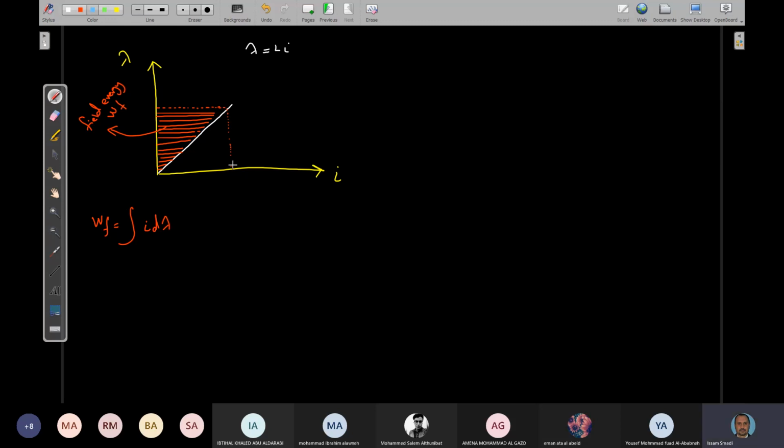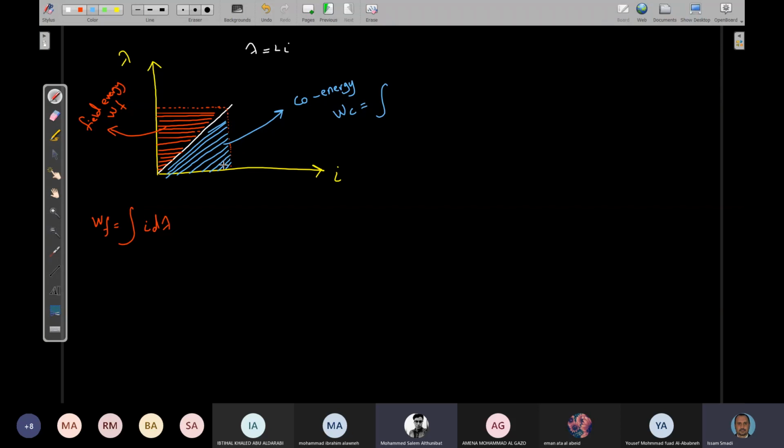Now, this one is the complement of the area. So let's call this area the Coenergy. If I need to find the Coenergy omega C, the area under the curve here, this is equal to the integration of what?